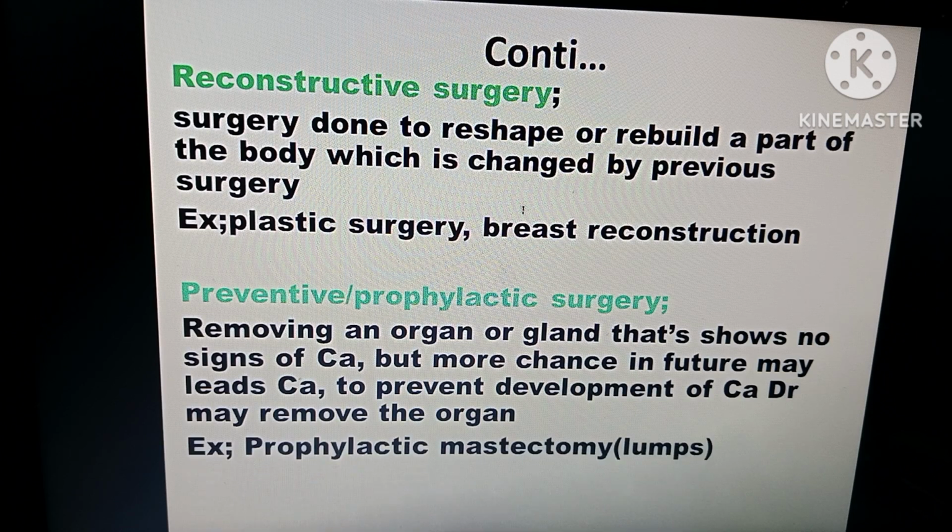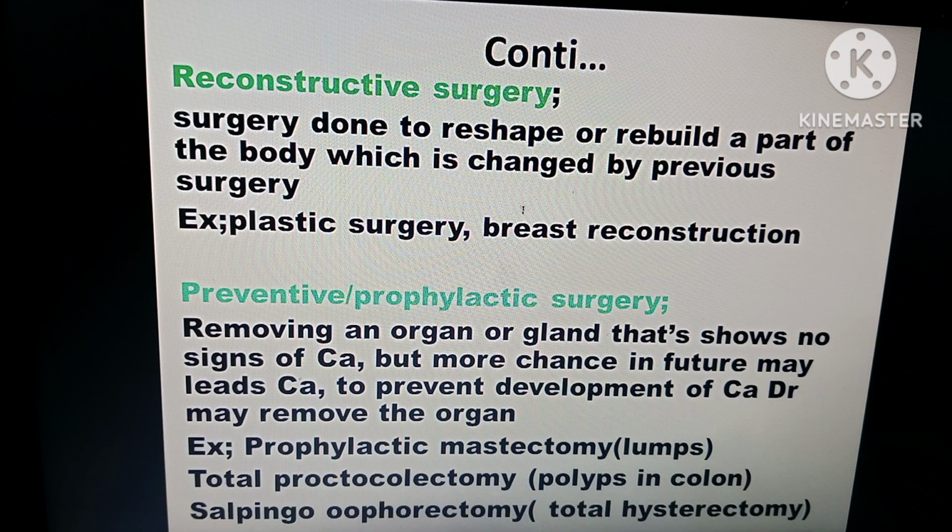For example, fibroid uterus. Now with a fibroid uterus, it may not be a cancer, but it is again and again reoccurring, and when the doctor opens and sees, the doctor could doubt there is a chance it may reoccur, or there is more chance in the future it may turn into a cancer.